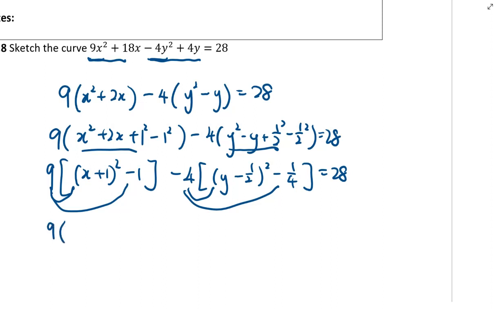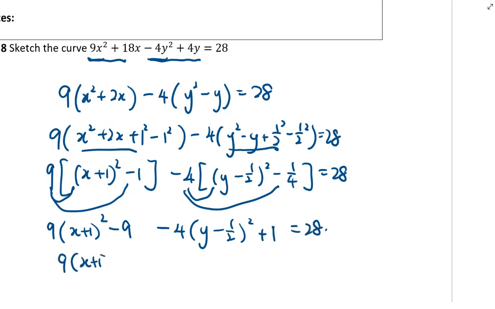Expand, I will have 9 x plus 1 square minus 9 minus 4 y minus half square plus 1 equals to 28. 9 x plus 1 square minus 4 y minus half square equals to, bring the 8 over, 36.